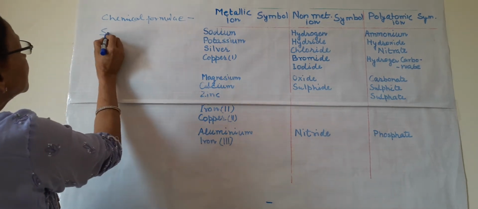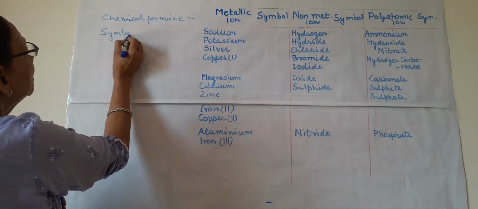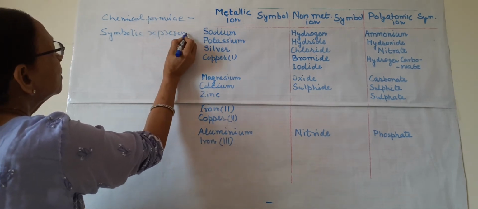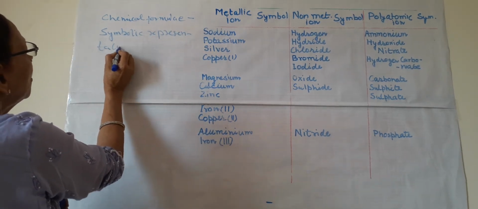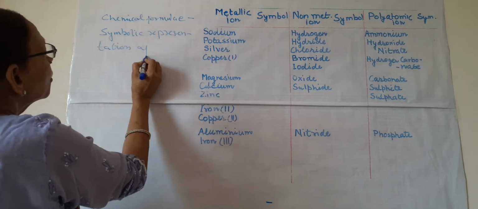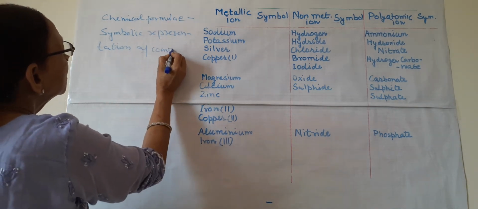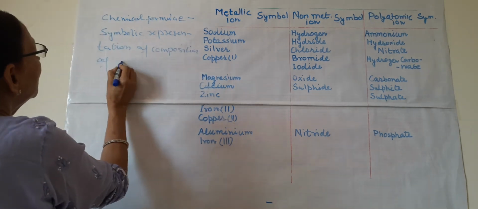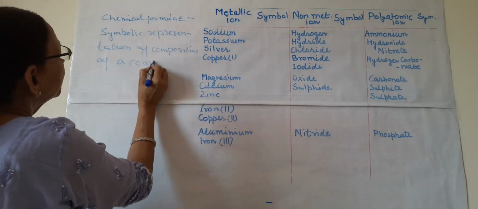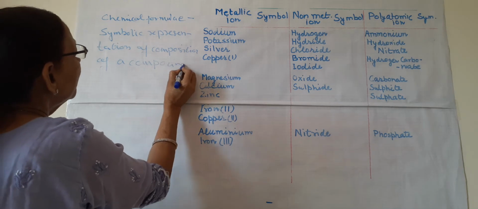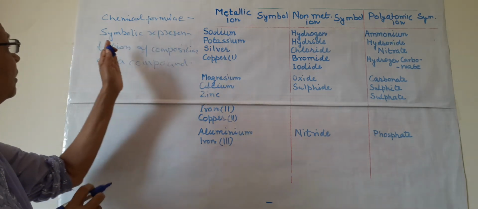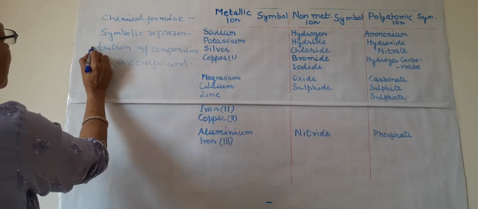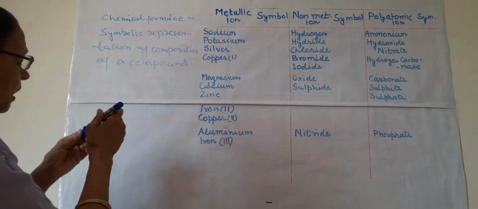It is symbolic representation of composition of a compound. So what I have written, chemical formula is symbolic representation of composition of a compound.